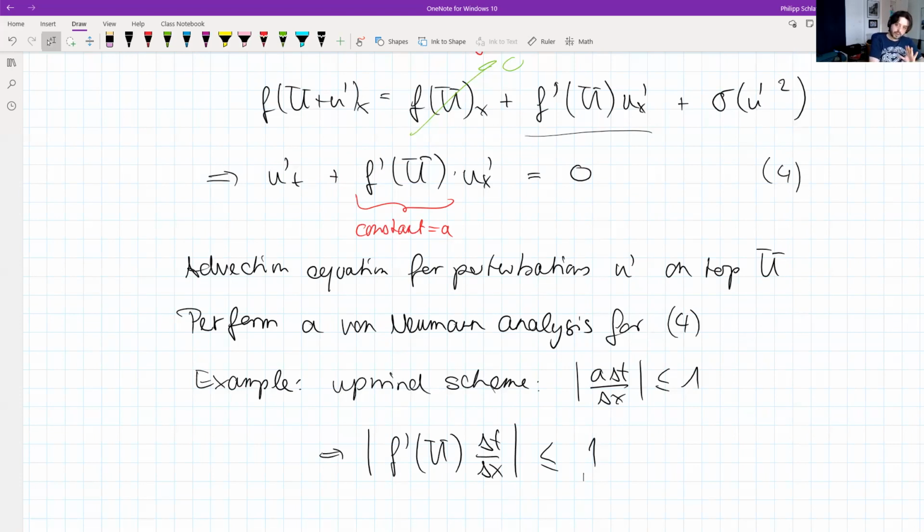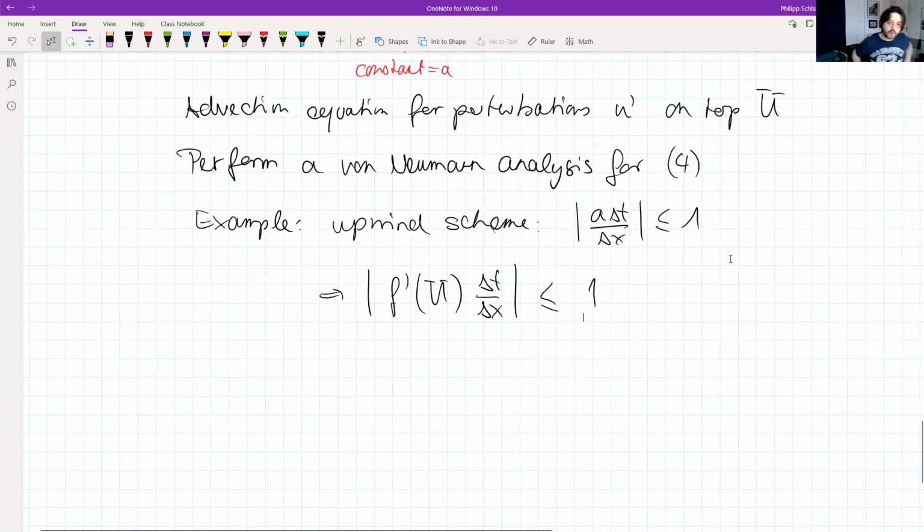Okay. So now I have translated the stability problem with linearization from a stability problem in u into a stability problem of capital U, so the base state. Now we're maybe not exactly at the end yet, because we could do a few more steps that are also, of course, all a little bit approximations, but that's what is typically done.